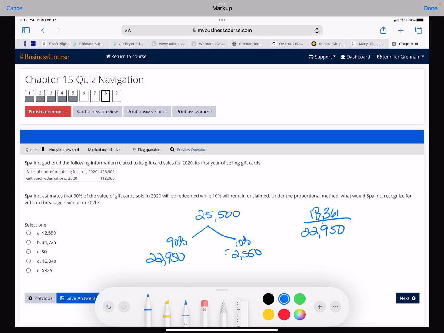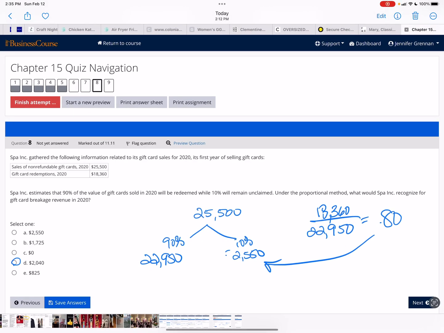I've had 18,360 get redeemed. That's roughly 80% have been redeemed. So I can take 80% of this number now. 80% of that number tells me that I believe on mine it's 2,040. It might be a different letter on yours. Okay, last one.